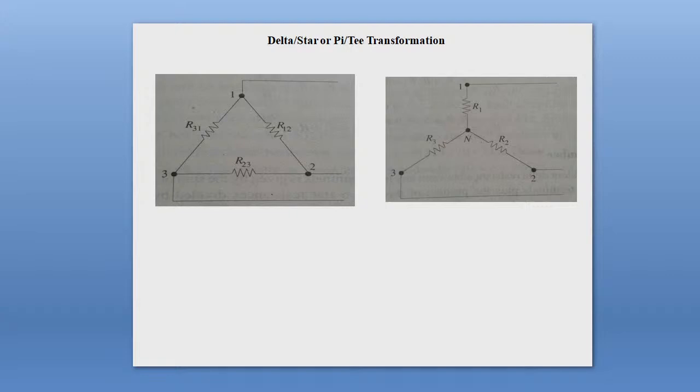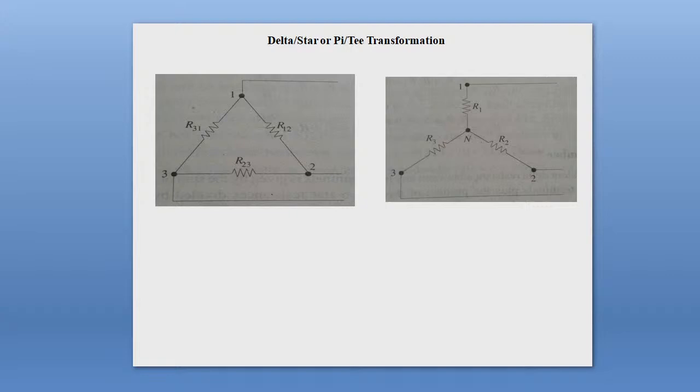If you want to convert from one form to another, the resistance across each pair of terminals must be the same for the two networks.